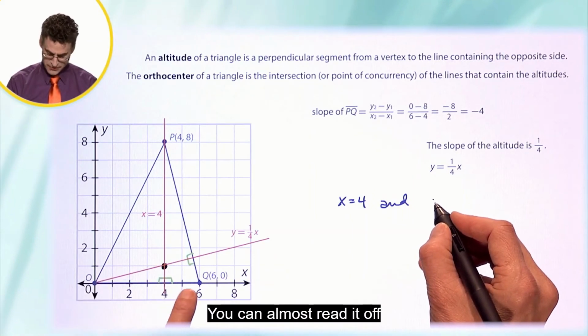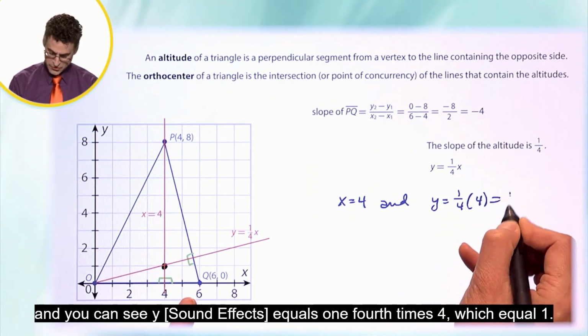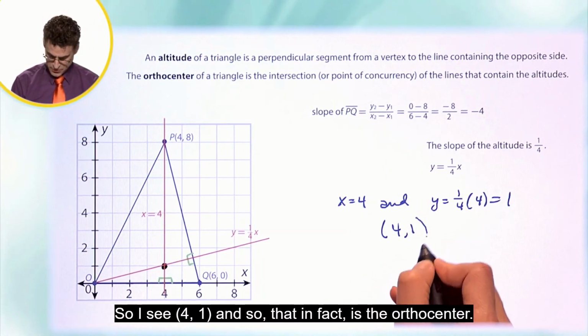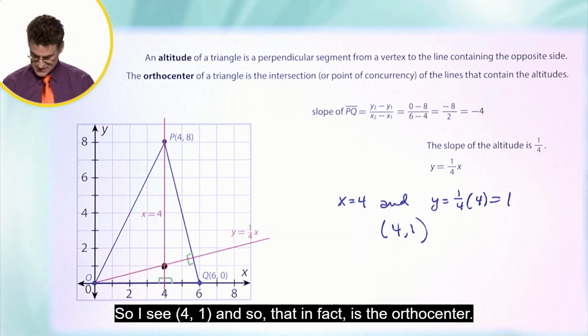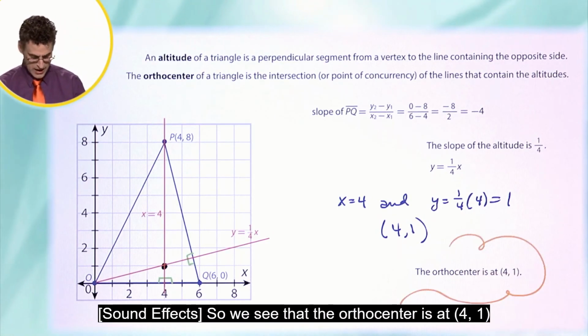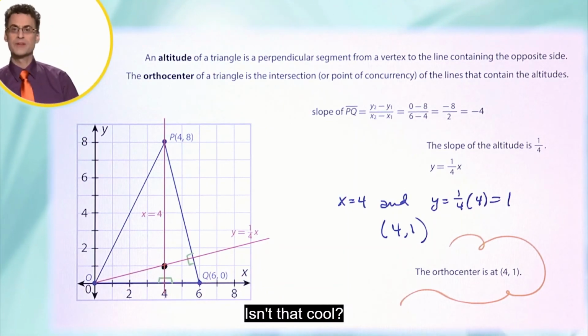You can almost read it off, and you can see y equals 1/4 times 4, which equals 1. And maybe you actually read that off already. That's actually at 1. So I see 4, 1. And so that, in fact, is the orthocenter. So we see that the orthocenter is at 4, 1. And you can see it right here, 4, 1. Isn't that cool? Very, very neat.